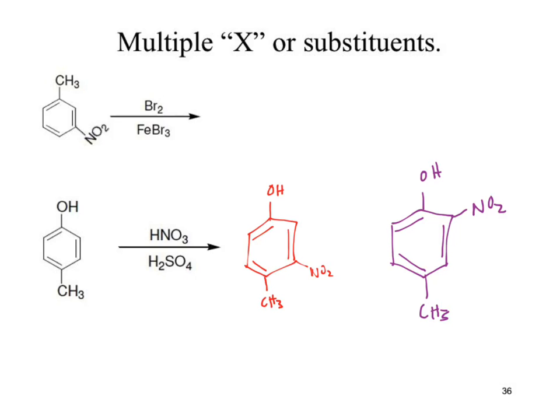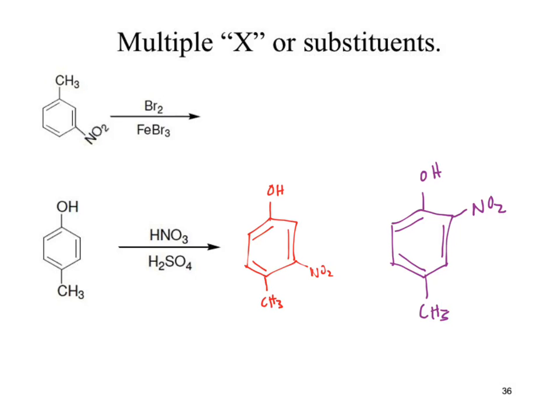Why purple? When we went back and looked at the CH3 versus the nitro, we said the CH3 dominated because it was an activator, right? Or said in slightly less strict terms, it was a stronger electron donating group than the nitro group. If we moved the OH versus the CH3, which product should form?